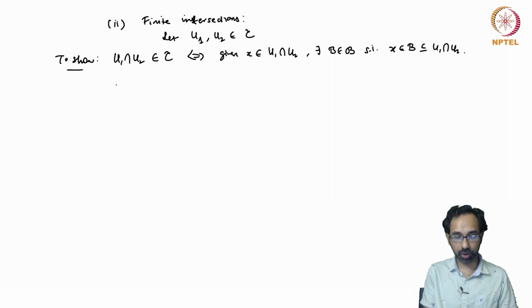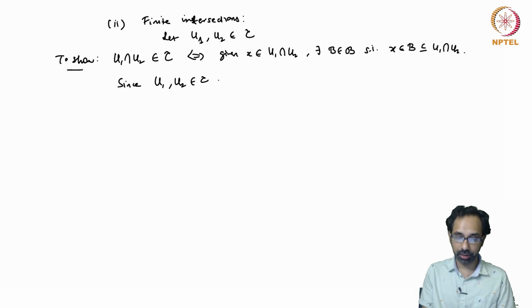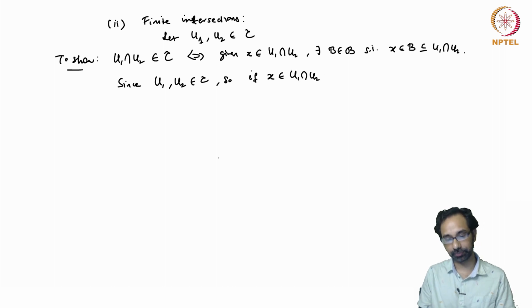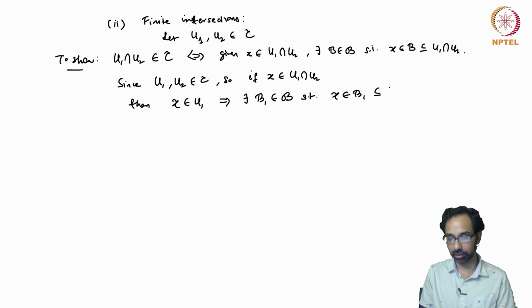Since U1 and U2 are already in this topology, in this collection tau, if x belongs to U1 intersection U2, then of course x belongs to U1, which implies that there exists a basis set B1 such that x belongs to B1 and it is a subset of U1, and x belongs to U2 implies that there exists a basis set B2 such that x is in B2 and is a subset of U2.